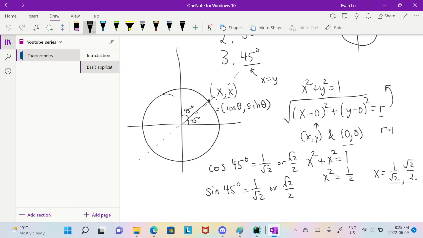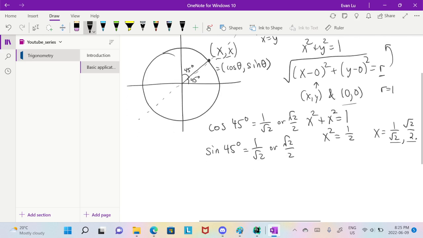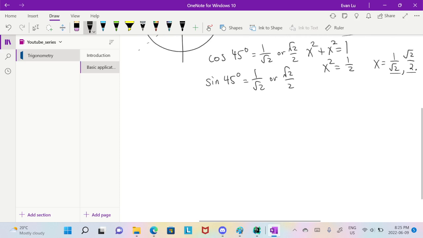Okay. And then the last part is the 30 degrees angle. So actually for the 30 degrees angle, we're not going to look at the unit circle just for now.